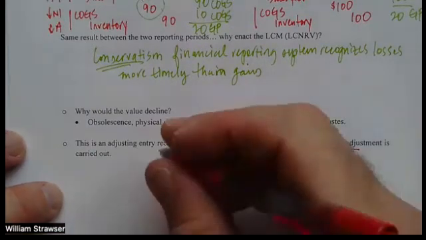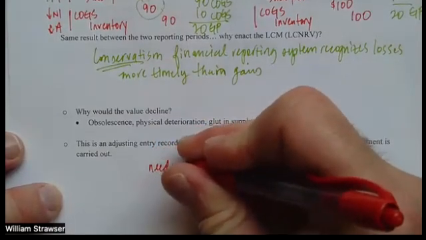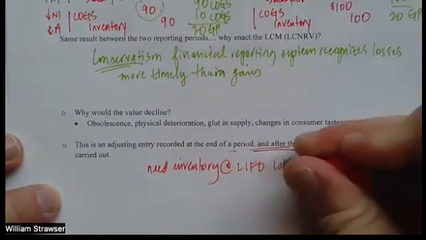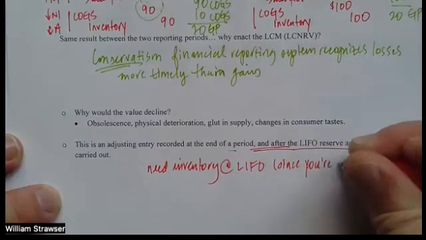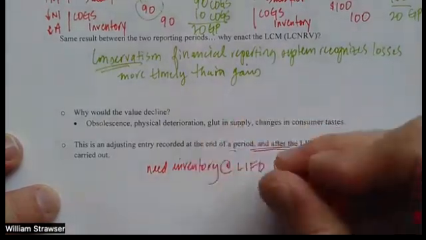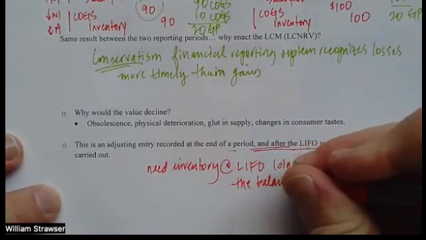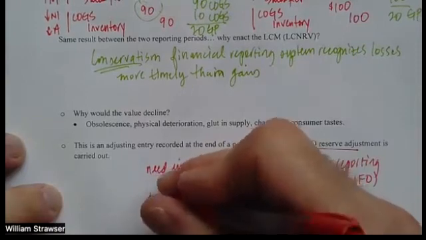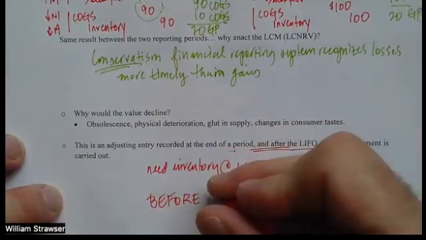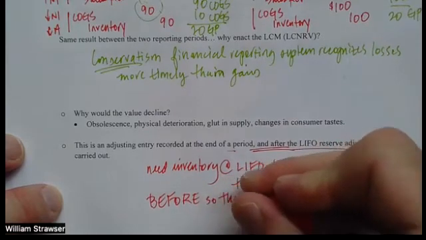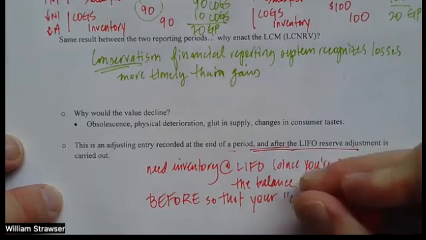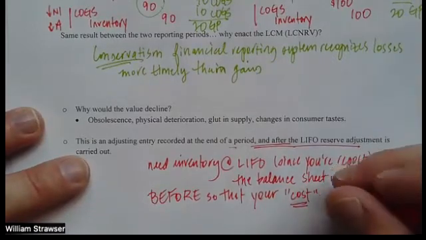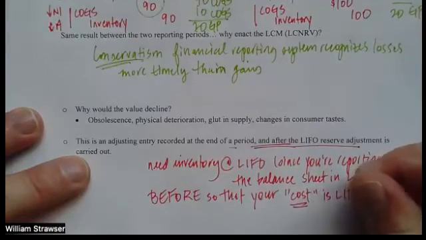The reason is that you need inventory at LIFO, since you're reporting the balance sheet in LIFO, so that your cost in the lower of cost or market is LIFO.